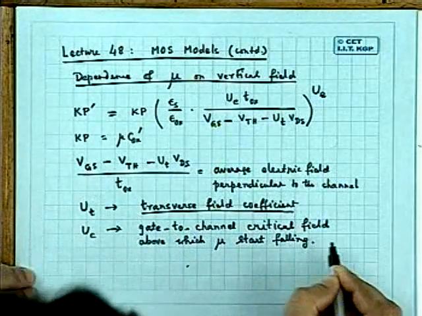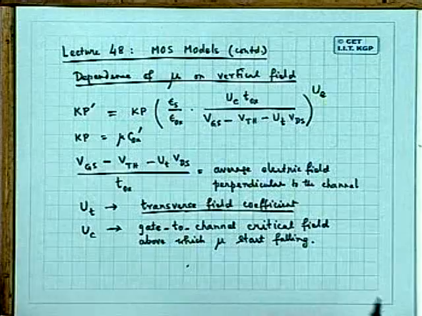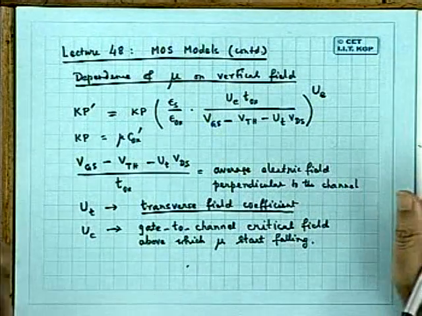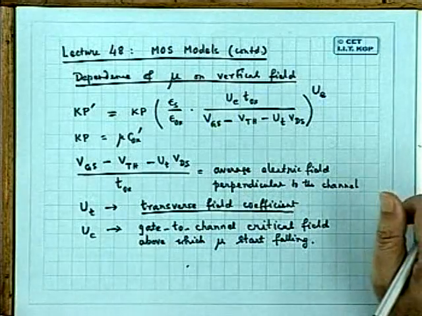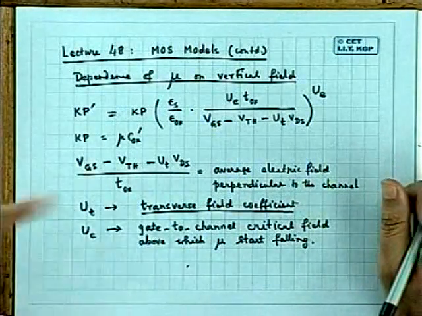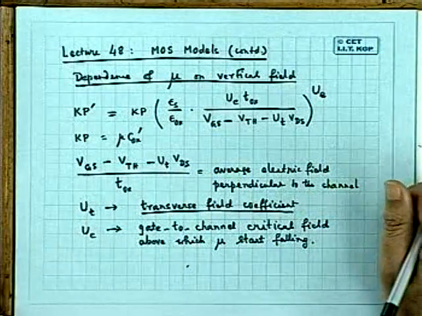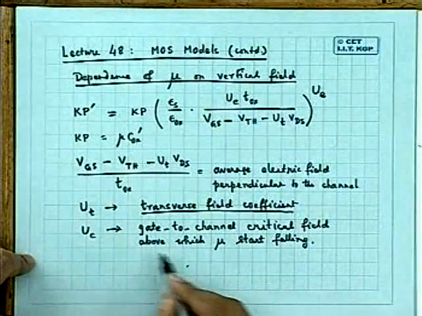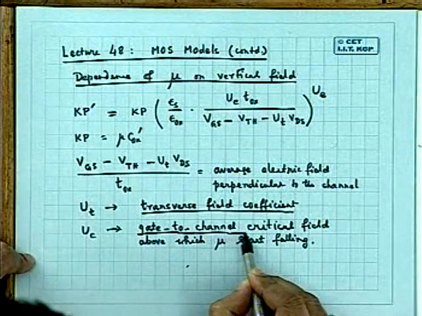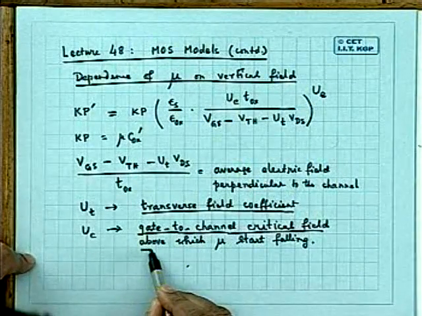We assume that up to a certain transverse field, and by transverse I mean perpendicular, lateral is along the channel and transverse is perpendicular, mobility is unaffected. So UC is another SPICE parameter for level 2.